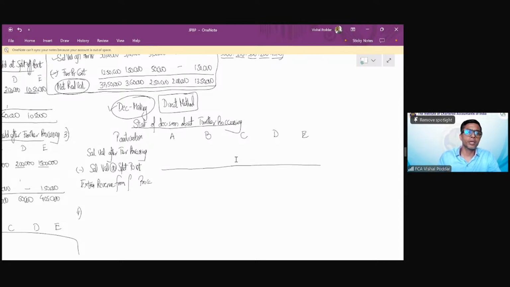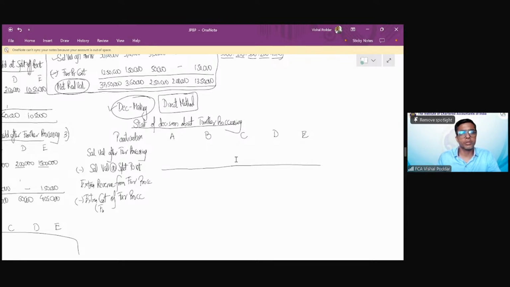So this is the extra revenue which I will get if I am further processing. From this, I will deduct the extra cost of further processing. What is this extra cost?